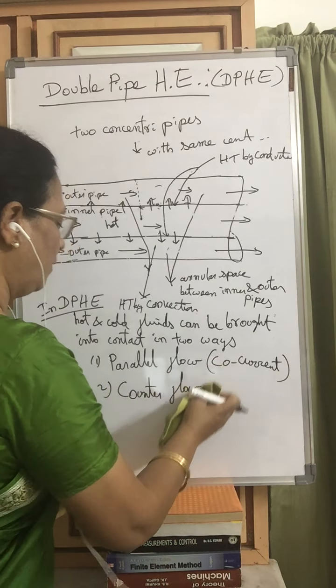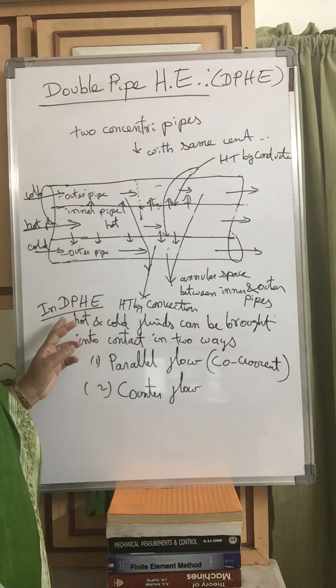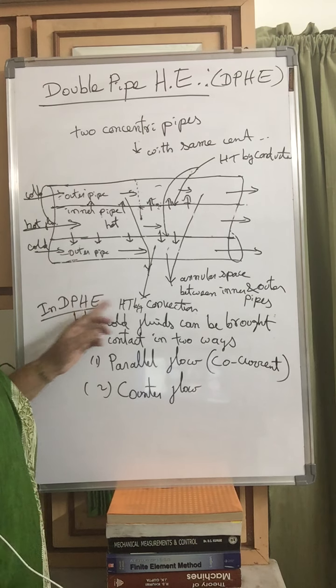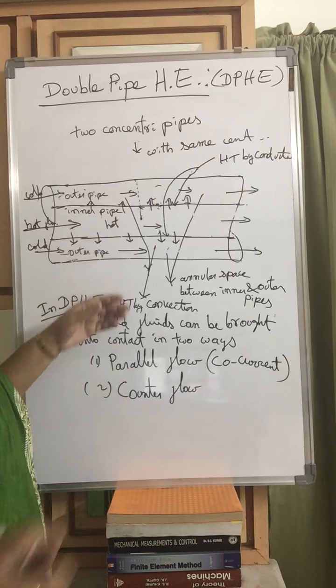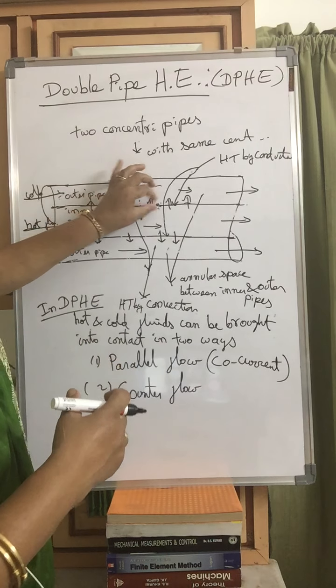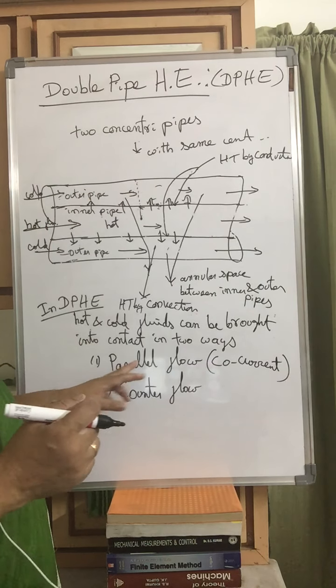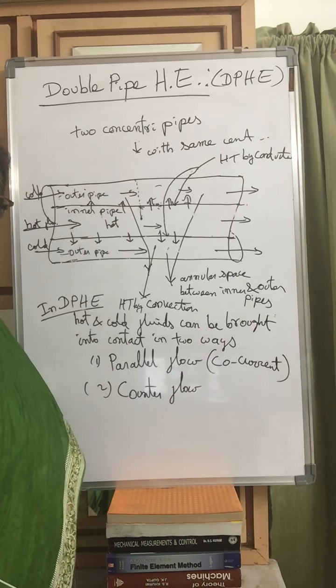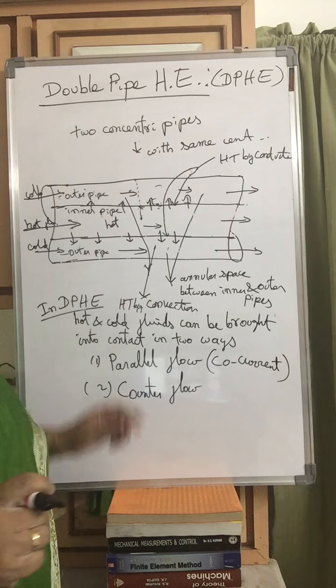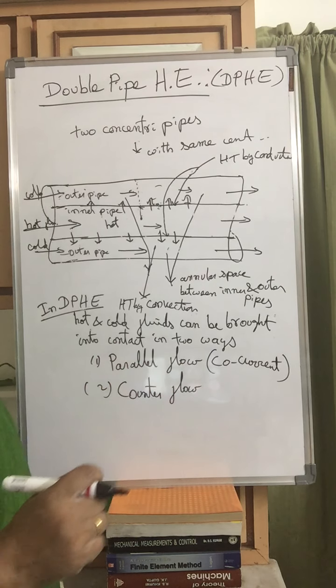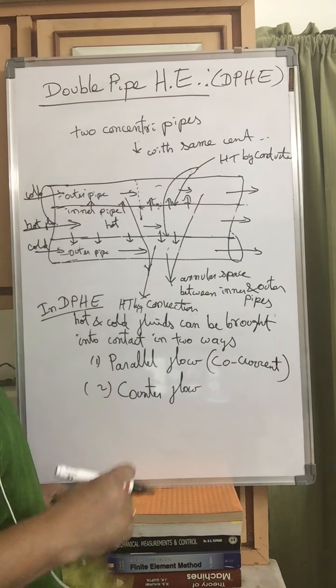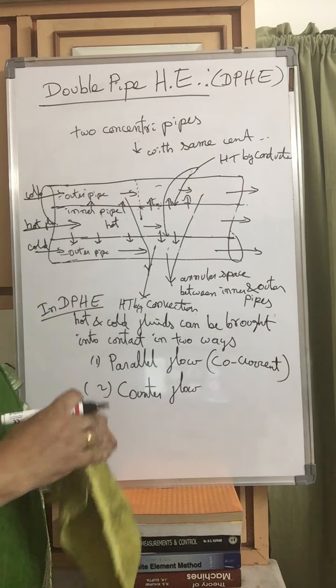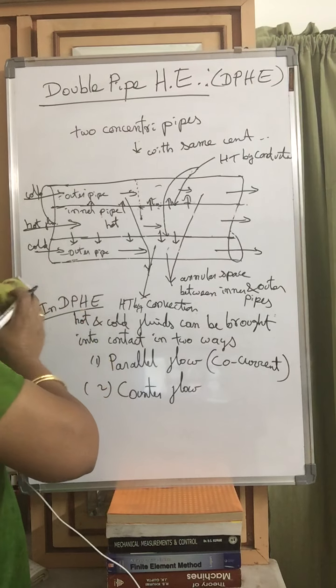In a double pipe heat exchanger, hot and cold fluids are brought into contact in two ways. One is parallel flow contact, the other is counter flow contact. Now we will discuss each contact, parallel flow and counter flow, separately.